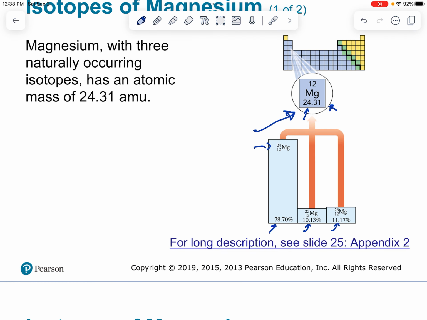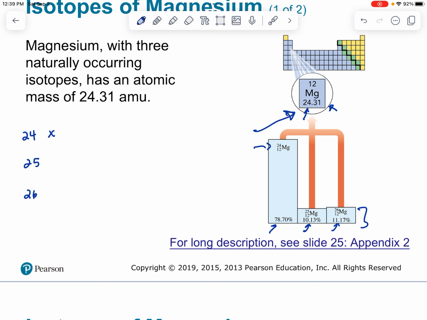We count the relative abundance of that isotope more depending upon the percentage. So roughly what's going to happen is we have 3 isotopes. They are mass 24, 25, and 26.